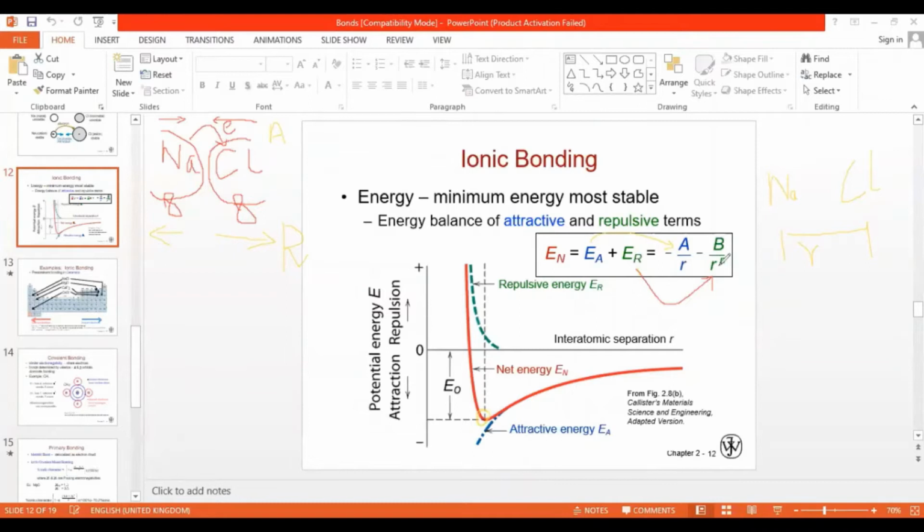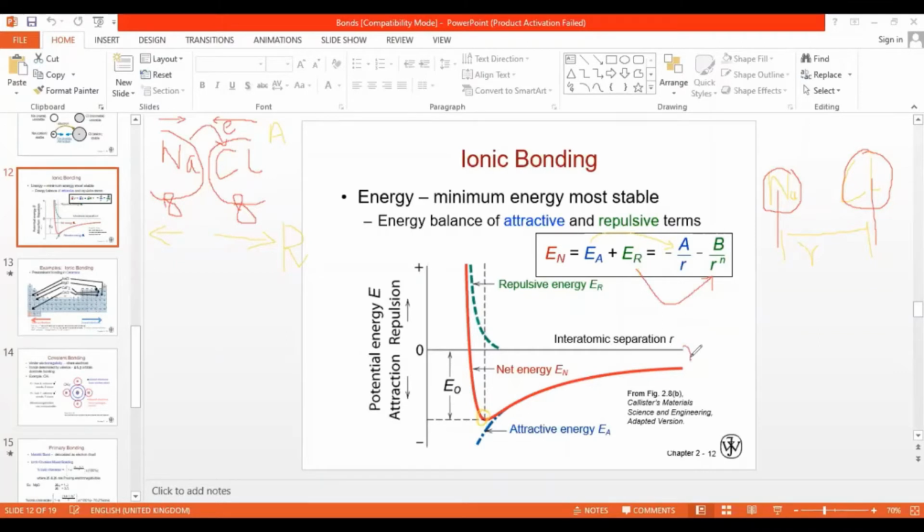Interatomic separation means the distance between the atoms of those two elements which are being bonded. Our case is sodium and chlorine. If I consider this the atom of sodium and this the atom of chlorine, the distance between these two atoms is R.